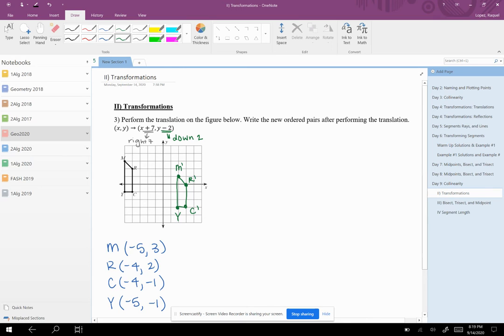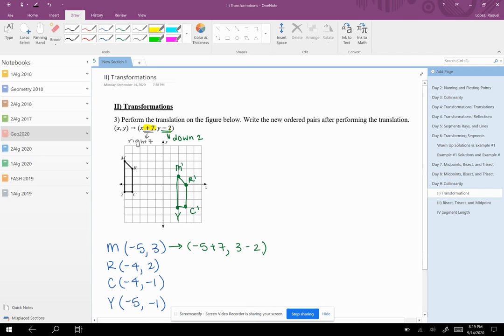So let's say that you don't have graph paper and you can't just count it out like this. So what we're going to do is we're actually going to use the rule that they gave us. And we're going to just do the quick arithmetic on each of these ordered pairs. So let's say we have -5, and I'm going to add 7 to that. And then my new y, I'm going to take that original 3, subtract 2 from that.